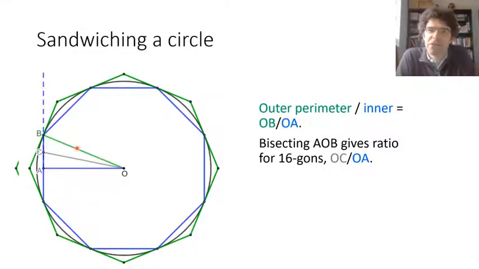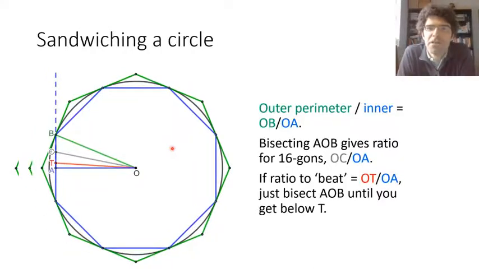So in other words, OC over OA would be the ratio between the perimeters of inscribed and circumscribed 16-sided polygons, and so on if we bisected the angle at the center even more times. So if you now give me any number above 1, I can represent it as the ratio of some hypotenuse OT to the line OA.